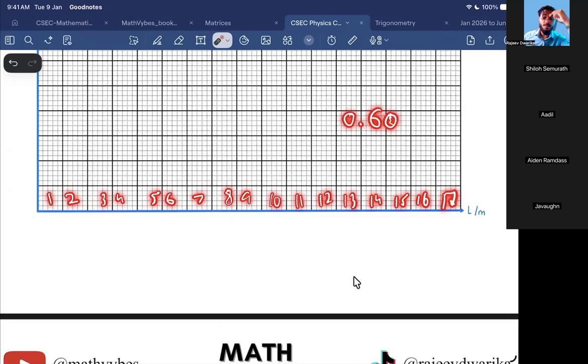Let me just say 0.60 is like 6, right? If I let every one big block be 1, how many blocks would I occupy? 6. But how many blocks do I have altogether? 17, so that can work.